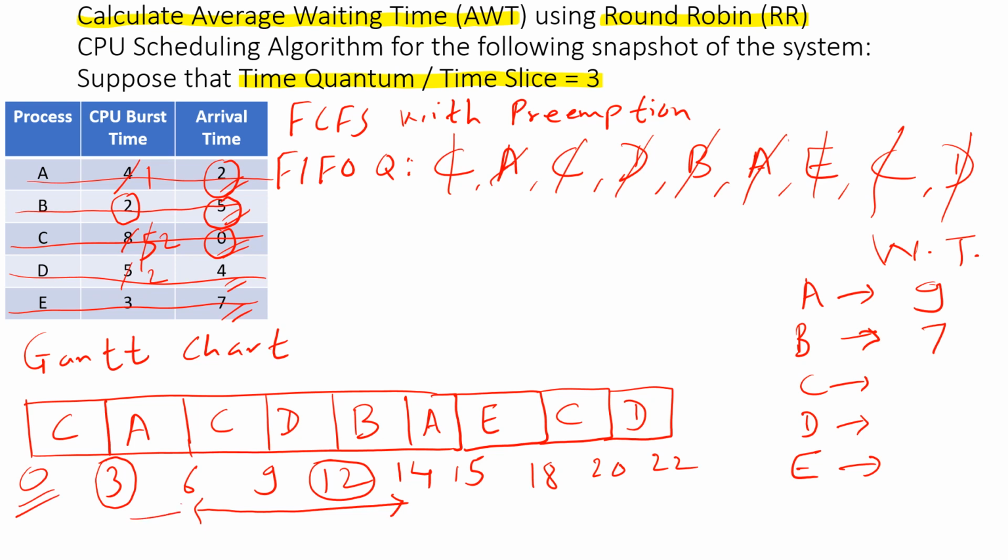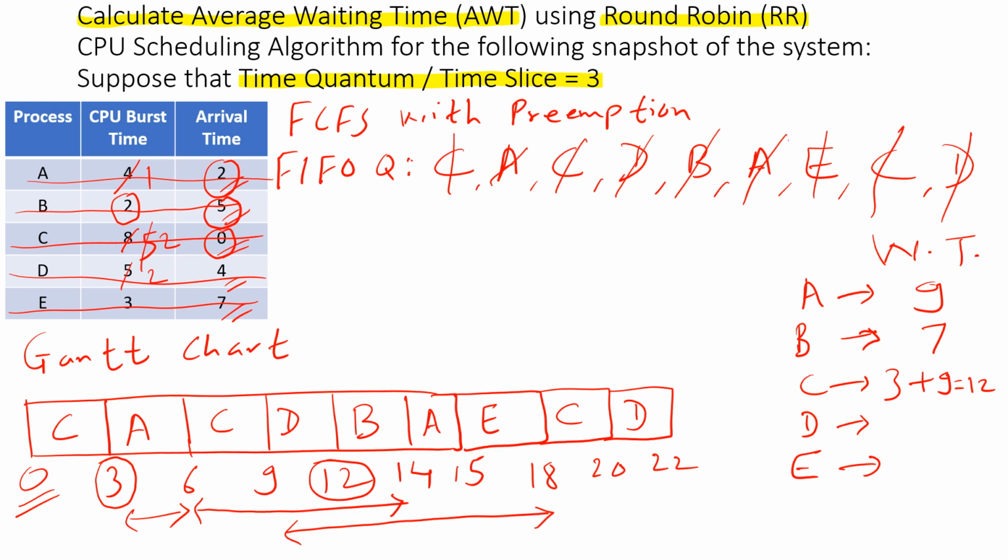It was waiting from 3 to 6, so that is 3 time units. And then again from 9 to 18, it was also waiting, 9 to 18. So that happens to be another 9. So that is 12.